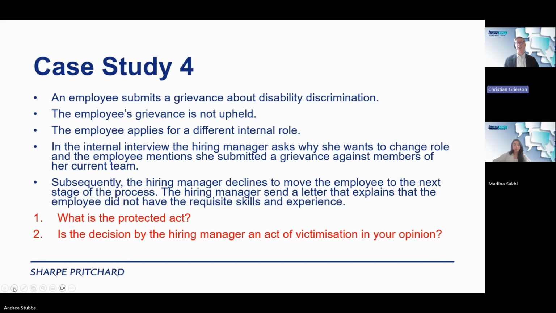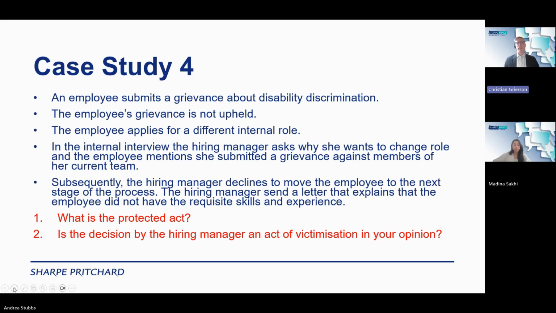Subsequently, the hiring manager declines to move the employee to the next stage of the interview process. The hiring manager sends a letter that explains that the employee did not have the requisite skills and experience for the role. So what is the protected act?